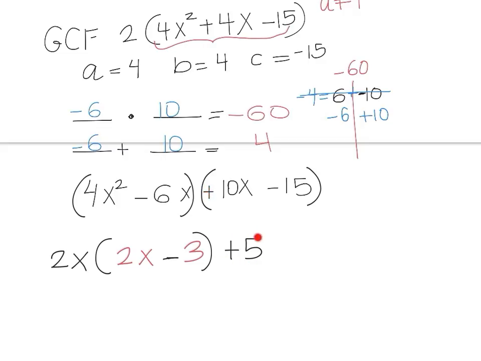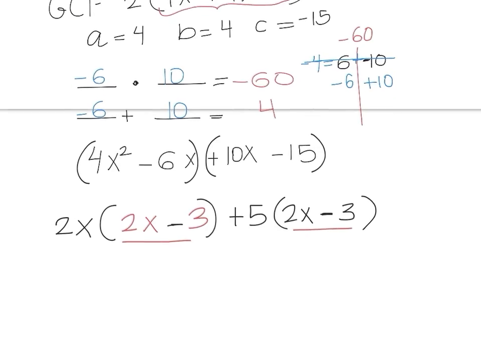So that's why this is a positive 5. Now open parentheses. 10 divided by 5, that's 2, so 2x, minus 15 divided by 5 is a 3. Now let's check. This and this binomial, they are exactly the same. So that means I have taken the GCF correctly.